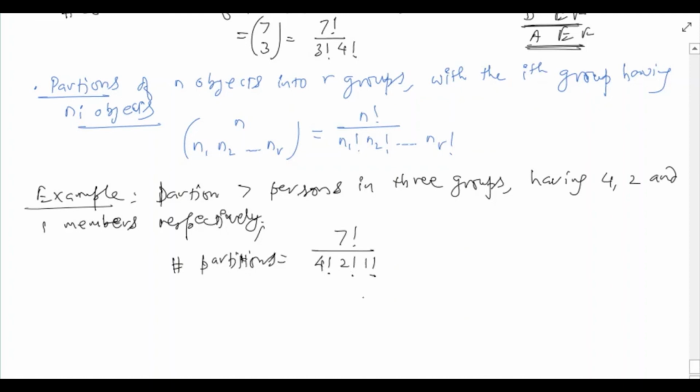These were a few results about counting. This brings us to the end of this lecture. Thank you.